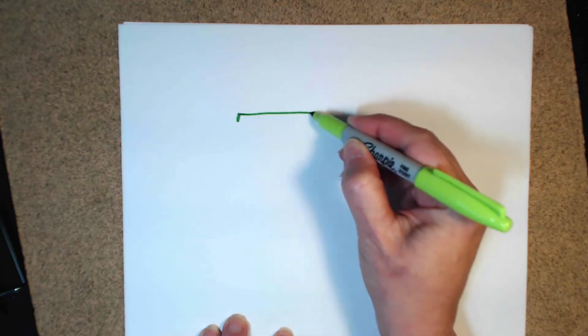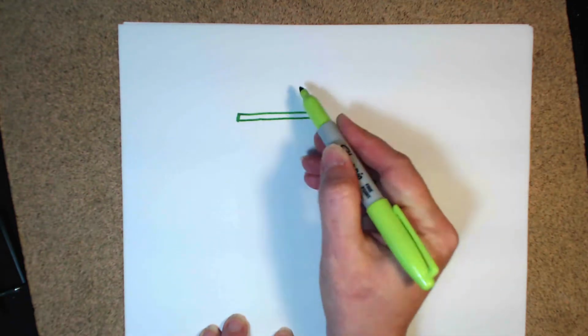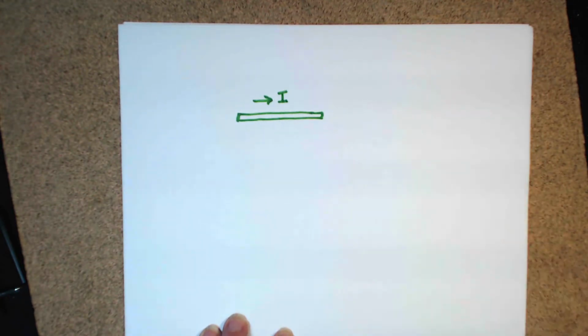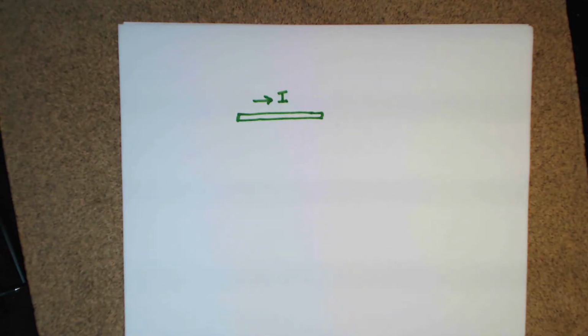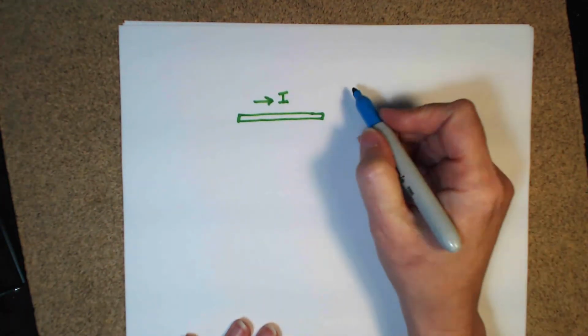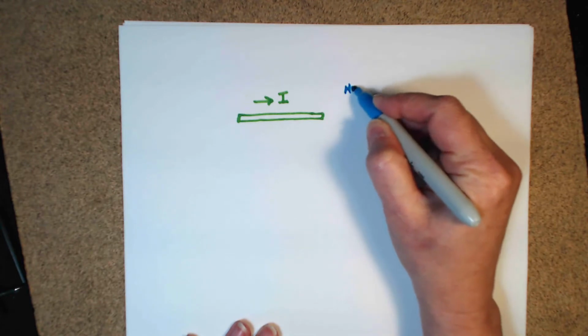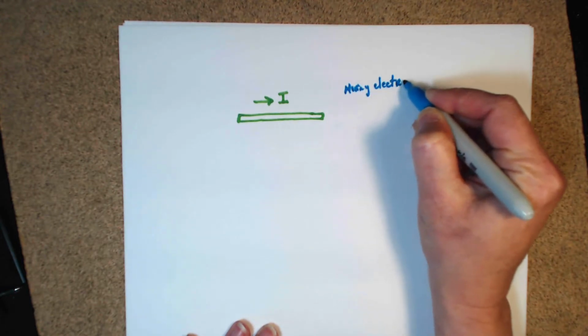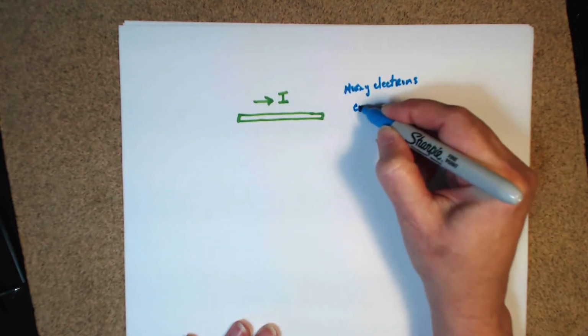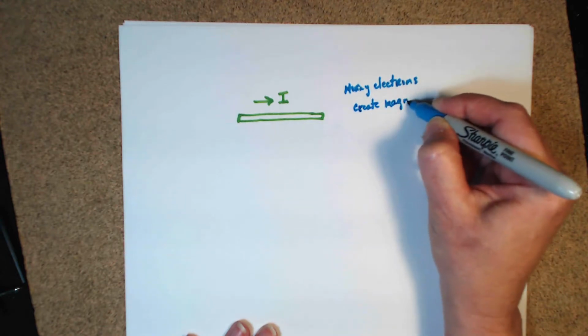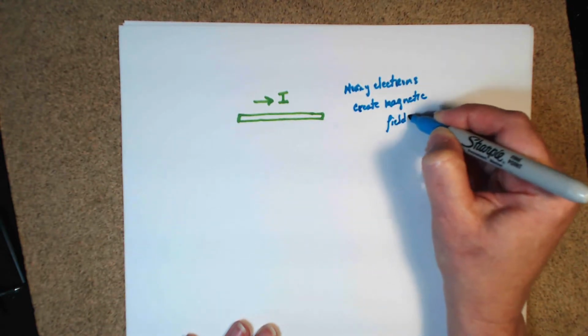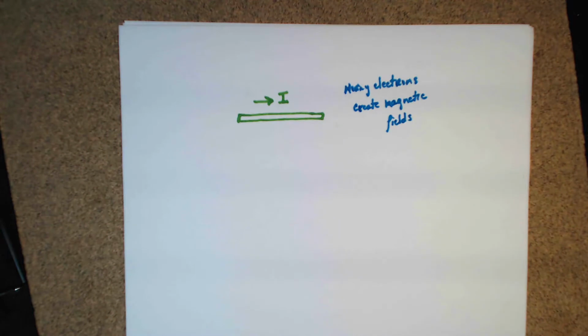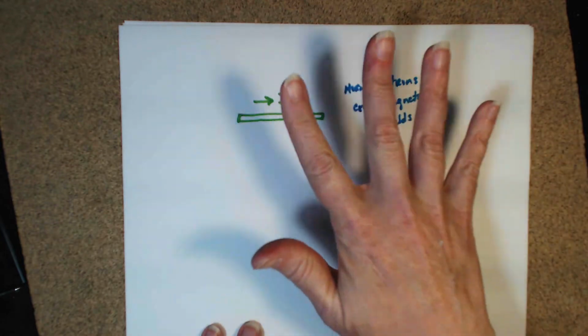Let's imagine that we have a wire that has a current I flowing through it. Remember that moving electrons create magnetic fields. So there must be a magnetic field surrounding this wire. But in what direction? In order to find that out, we use something called the right-hand rule. Take your right hand, take your thumb, and point it in the direction of the current.